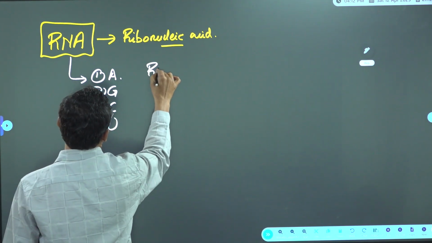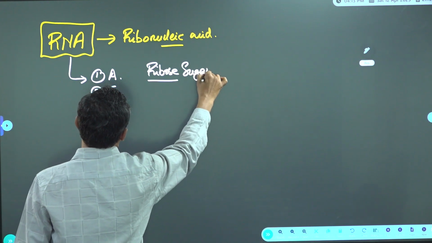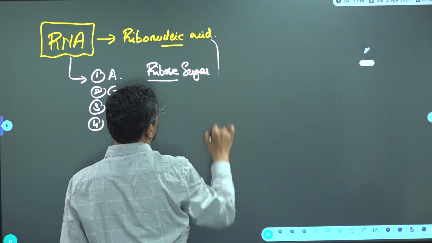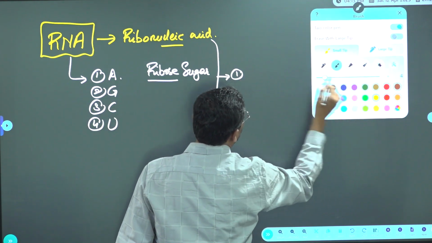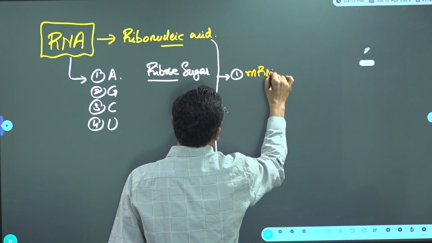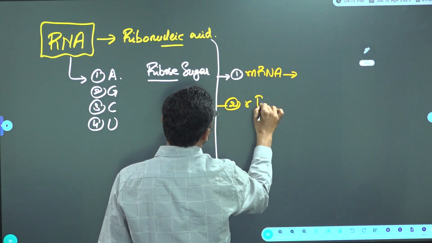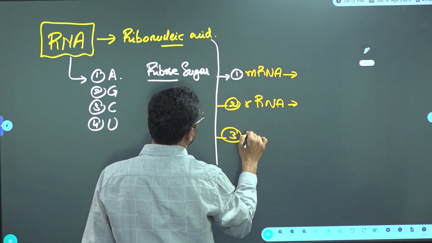The sugar is ribose sugar. There are three types of RNAs: one is mRNA, the second is rRNA, and the third is tRNA.